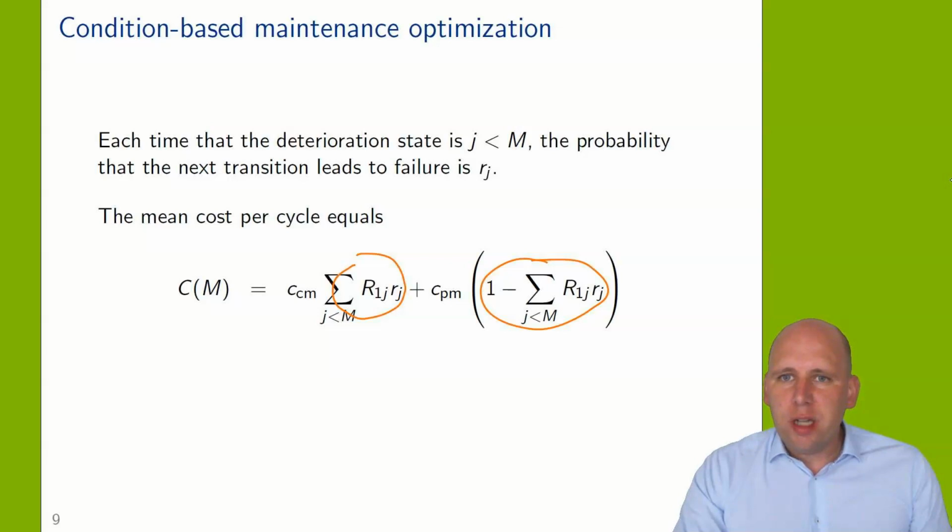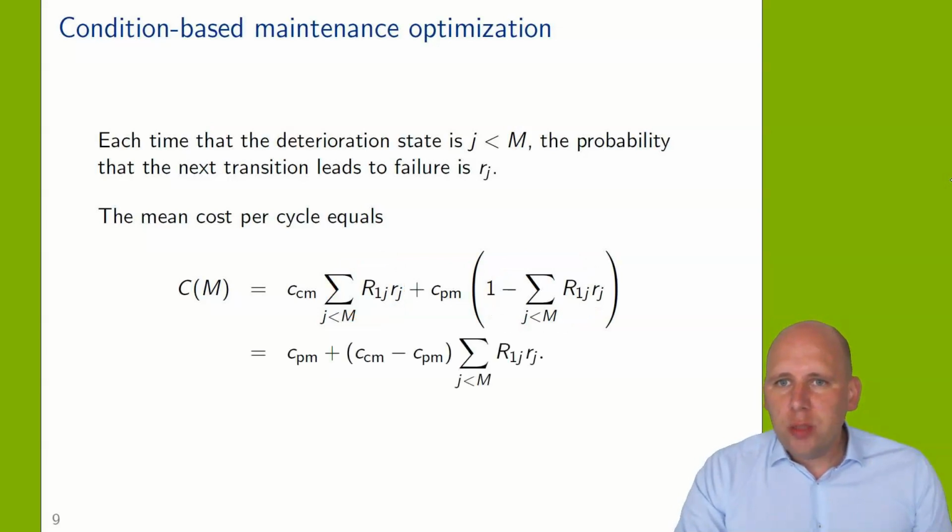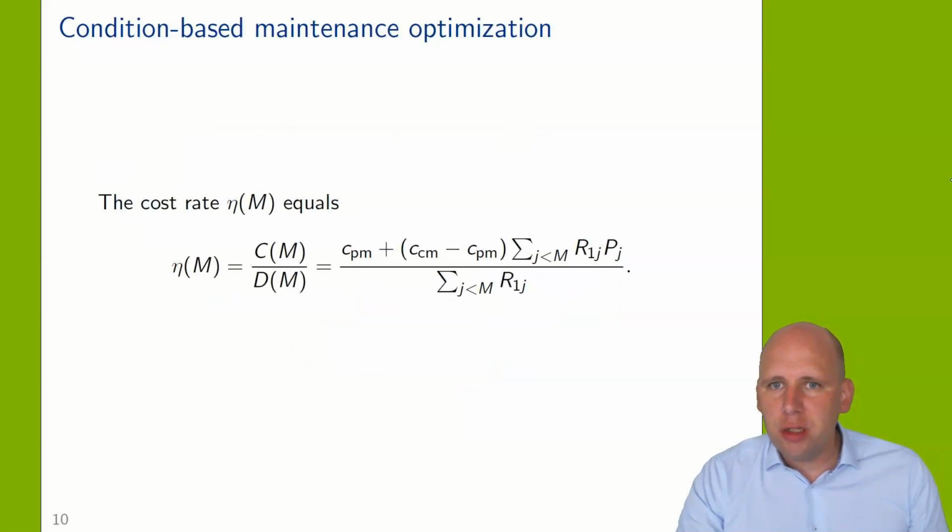Another way of writing this down is that we could also say that we always pay the preventive maintenance cost and that we pay the difference between the two if failure occurs. So this is the mean cost per cycle. Then the cost rate is then the fraction of the two, and that could easily be optimized.